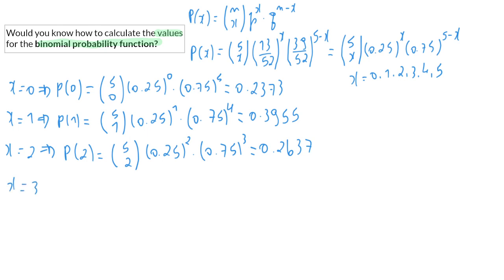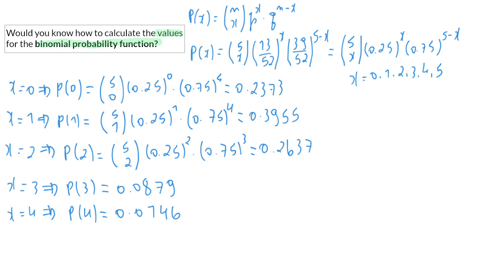X equals 3 implies P of 3 equals 0.0879. X equals 4 implies P of 4 equals 0.0146.